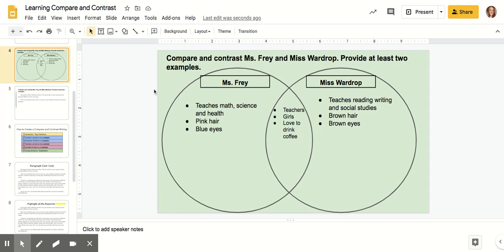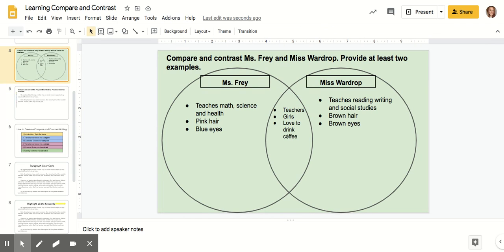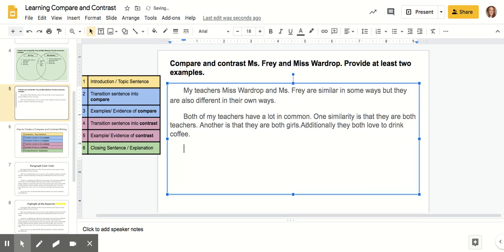Again, I'm not just going to write girls, I'm going to put a full sentence. So I'm going to put another is that they are both girls. And our final one says love to drink coffee. So I'm going to put additionally, they both love to drink coffee. Now I did my transition sentence and I gave my examples, so I can move on to the next thing.